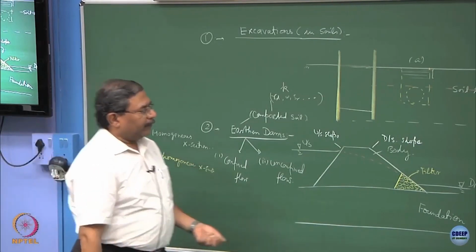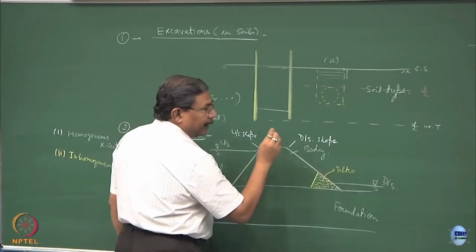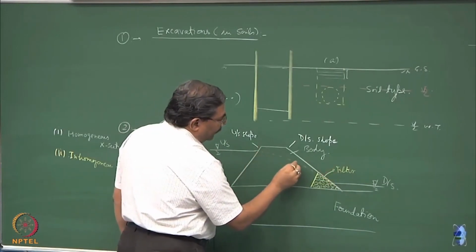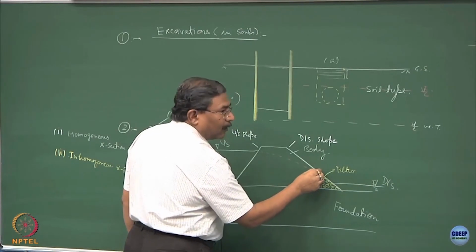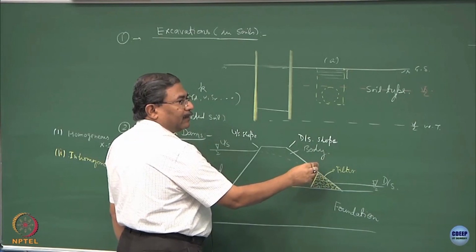The whole idea of putting filter is that this seepage line is not going to hit the downstream slope, and I am making sure that the top phreatic line comes and meets the filter and does not affect the stability of the downstream slope of the dam.